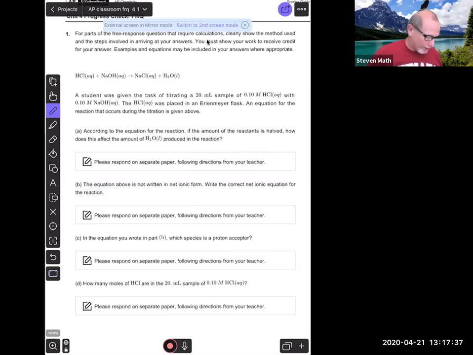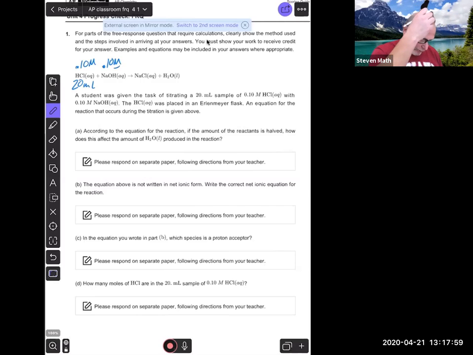a good rationale, okay? So students are given the task of titrating 20 mL of 0.1 M HCl with 0.1 M NaOH.